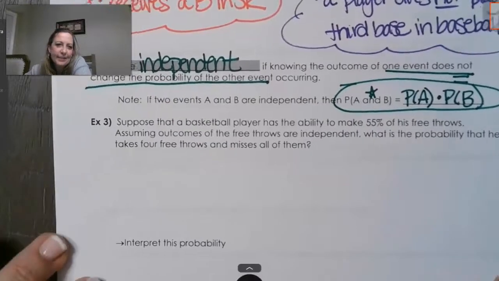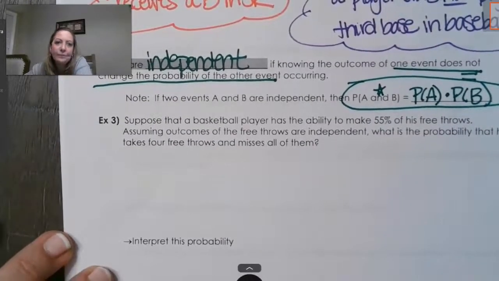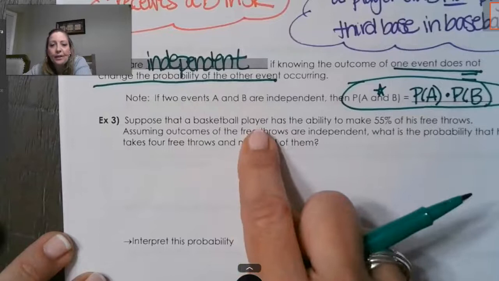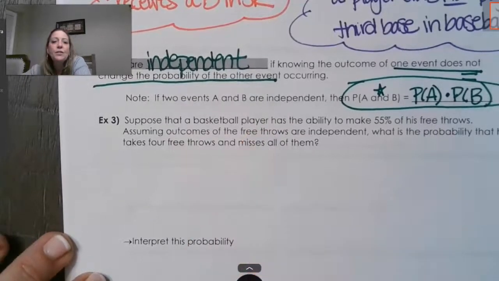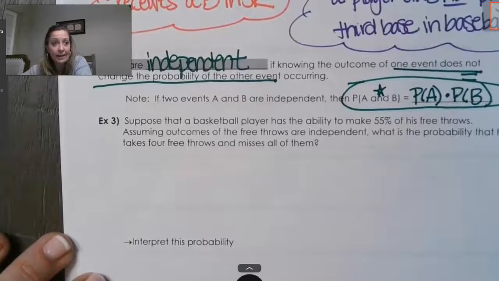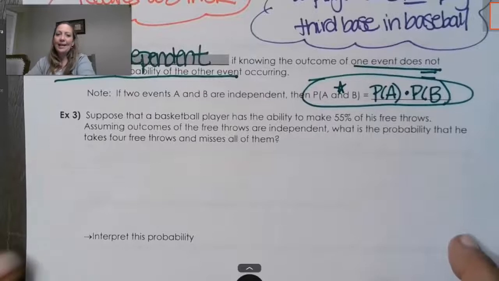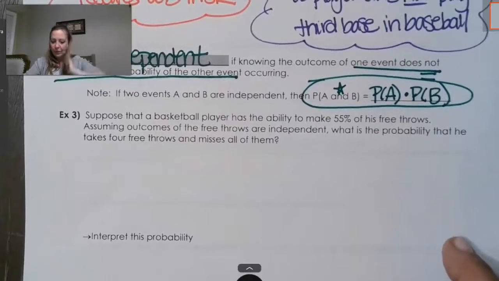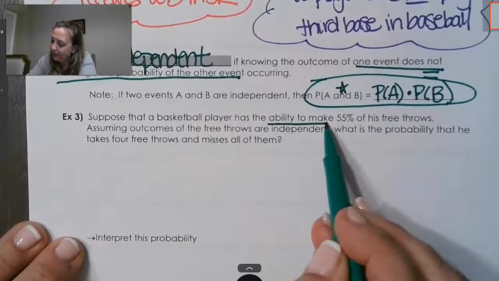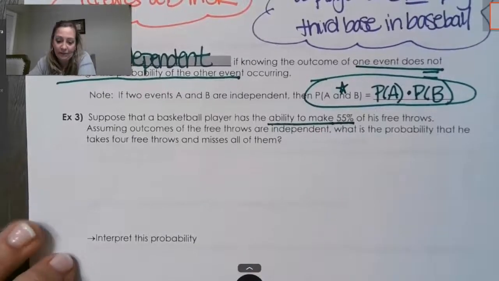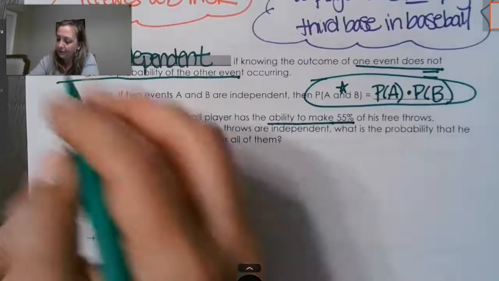So how could we use this idea of independence and probability? Suppose that a basketball player has the ability to make 55% of his free throws. Assuming outcomes of the free throws are independent, what's the probability that he takes 4 free throws and misses all of them? All right. Well, they're saying that his ability is to make 55% of his free throws.